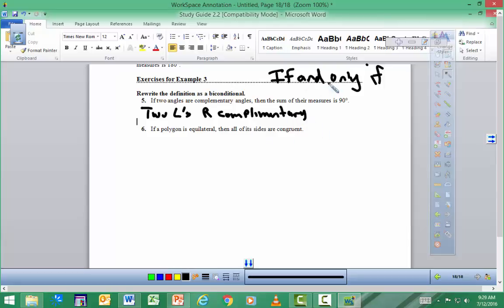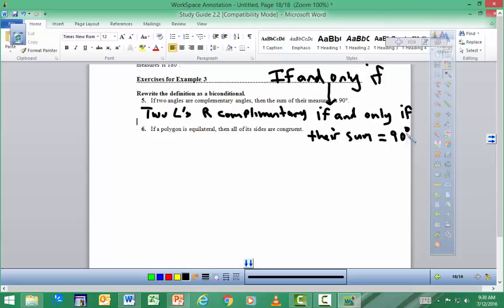And now you put this if and only if, and it goes right smack in the middle. If and only if, well, I should write that with the lowercase. If and only if. And then you write the second part. If and only if their sum is equal to 90 degrees.